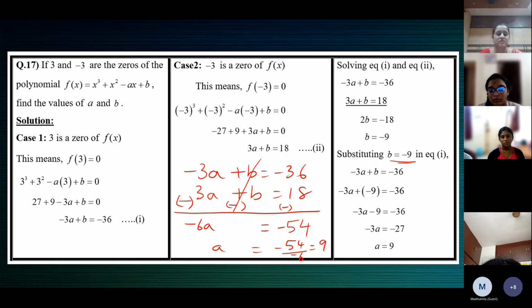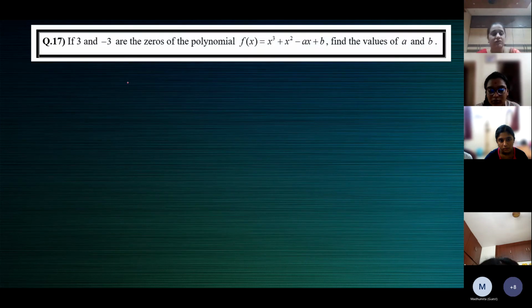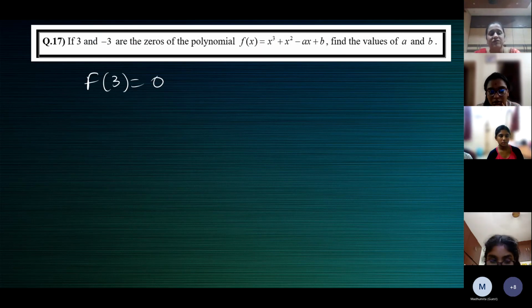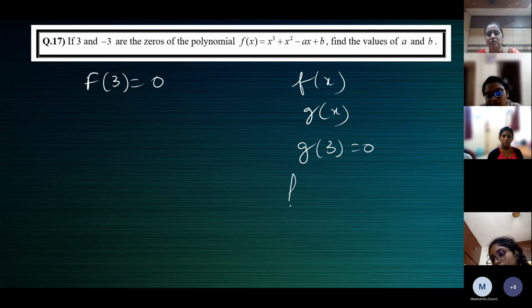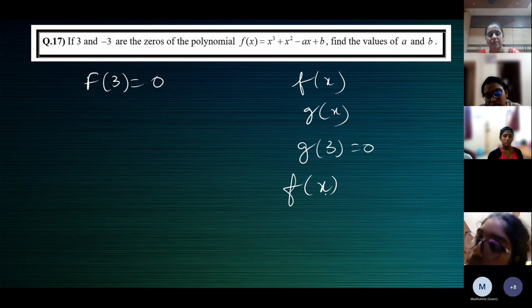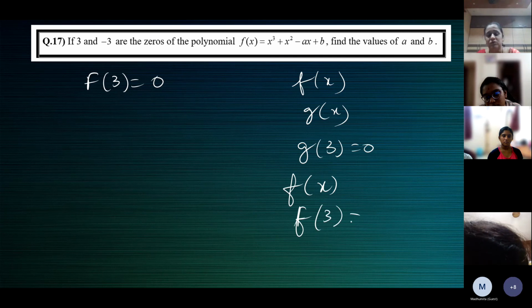Children, do you understand this condition? When I told you 3 is a 0, that means f of 3 is 0. See, f of 3 because it is f of x. If it was like say g of x, then I must say g of 3 is 0. Since the polynomial is f of x and 3 is a 0, that means f of 3 is equal to 0.